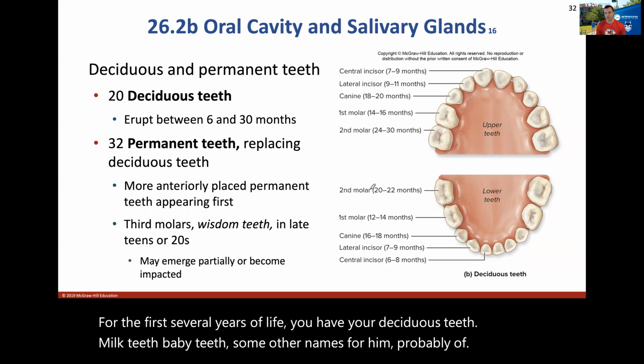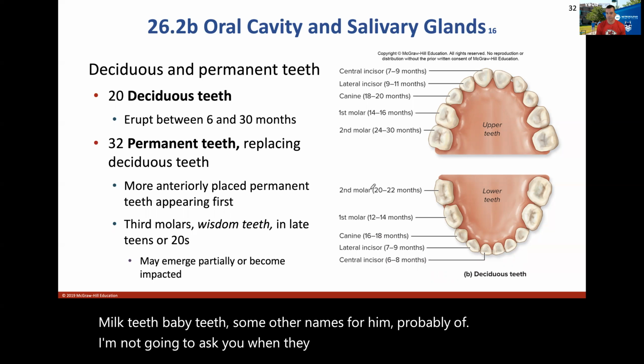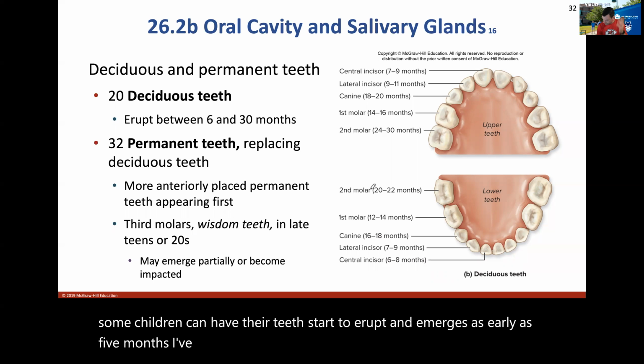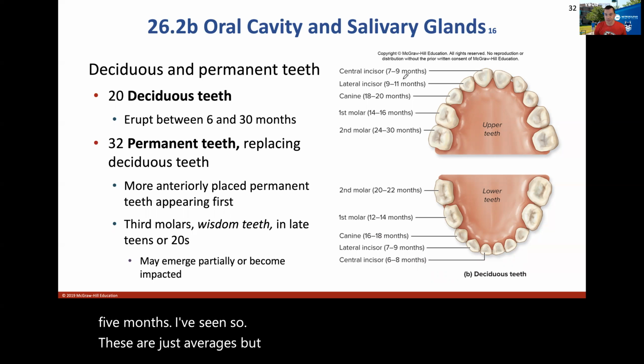I'm not going to ask you when they erupt, but it's kind of interesting. Some children can have their teeth start to erupt as early as 5 months, I've seen. These are just averages, but 7 to 9 months, 9 to 11 months, this is when your life's going to suck for a while.